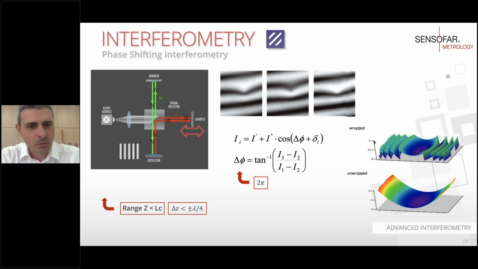So the common way to perform phase shifting interferometry is by using some kind of mechanical displacement, like a piezoelectric actuator that shifts the position of the sample against the beam splitter, or the position of the reference mirror against the beam splitter. The quantity of that displacement we want to be exactly pi over 2.